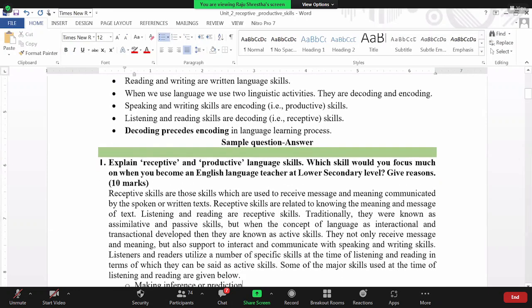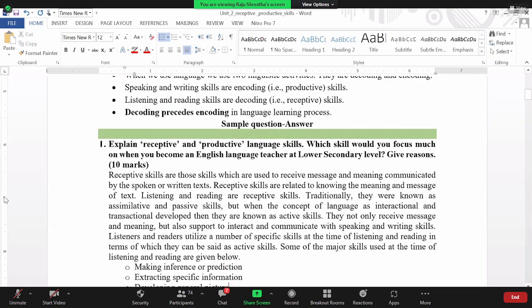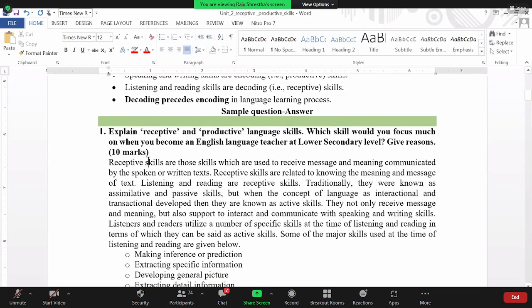So here just a description of receptive and productive skills is given. Receptive skills are those skills which are used to receive message and meaning communicated by the spoken or written text. So of course to listen, speaking should be there; to read, a written script should be there. listening हुनको लागि speaking चाहियो हैन, without speaking then how do we listen?